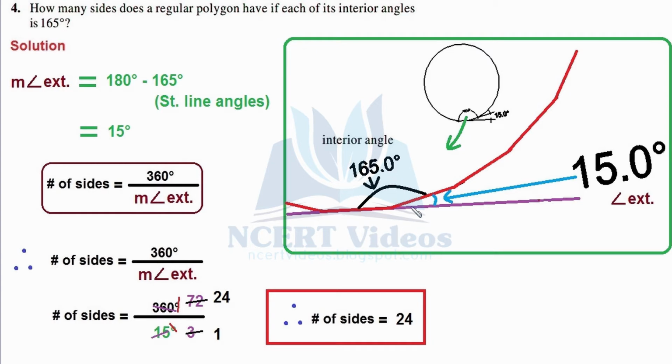So here we have to focus. Suppose this line segment doesn't deviate, it would go something like this, shown by this color. So the angle at which it deviated will give us the external angle. Not this one. Again, not this one. The deviation angle from its original path gives us the external angle, which we have made very clear in previous questions.